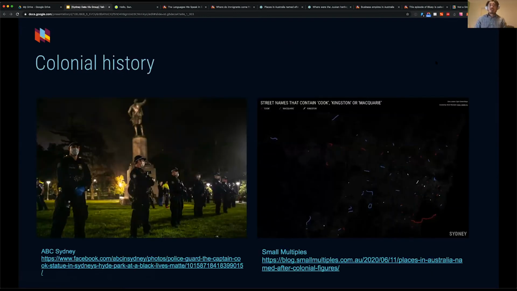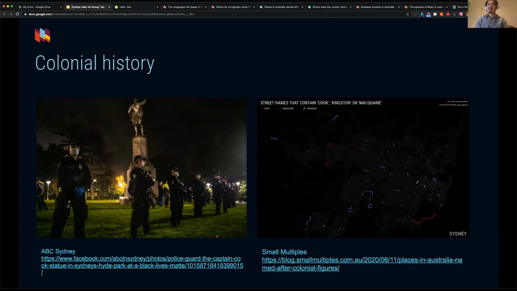And then another angle I took was a few weeks ago, I think. The Black Lives Matter movement has reached Australia, with people out there protesting, raising awareness. So I was interested in how many places in Australia are named after James Cook, Kingston, or Lachlan Macquarie, I think, three very key figures in the colonial era.